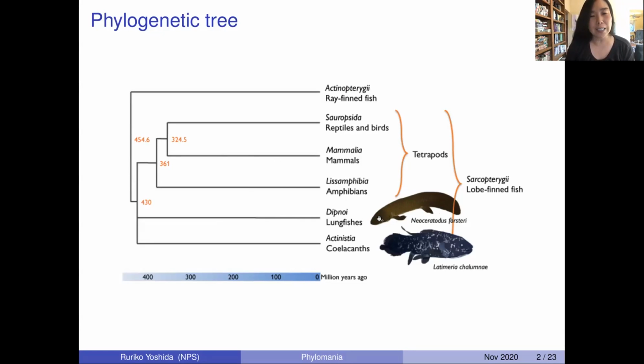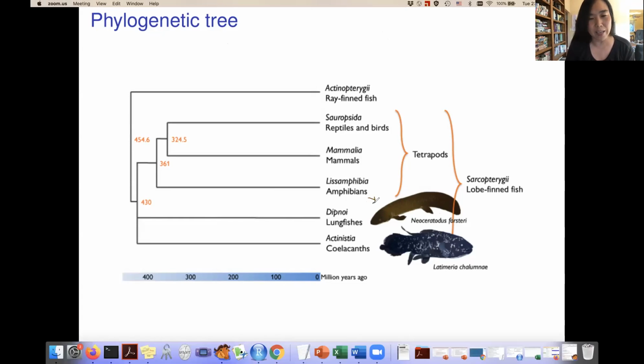If I can draw with the pen, I'm sorry, I'm still kind of new to this. So this is the lungfish. You see this lungfish and the coelacanths, and also here you see the tetrapods, relating to mammals and so on. So those are the living things on the land.